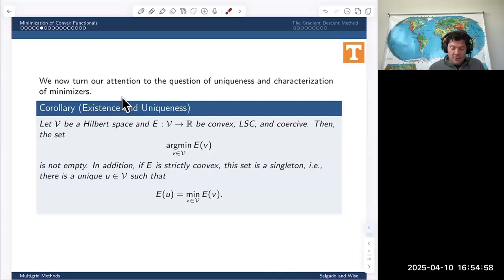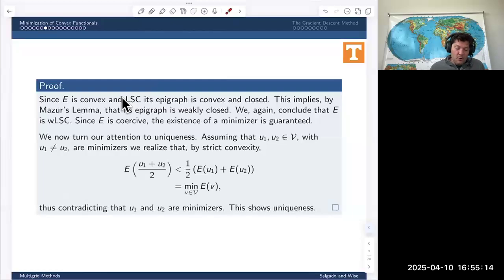And that unique element has to satisfy this. And that allows us to really say we have a minimizer. We don't just have an infimizer, we have an actual minimizer of the set. A unique object.